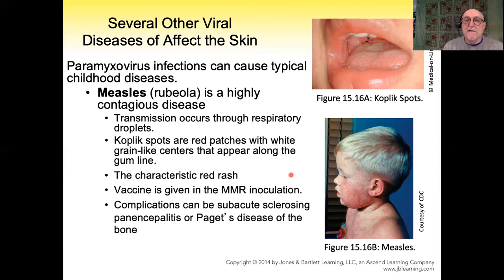And it produces this extremely serious disease called subacute, subacute because it's below the level of obvious illness for much of its occurrence. Subacute sclerosing panencephalitis. The sclerosis is actually damage to the nerves themselves, to the nerve shafts, to the nerve fibers.